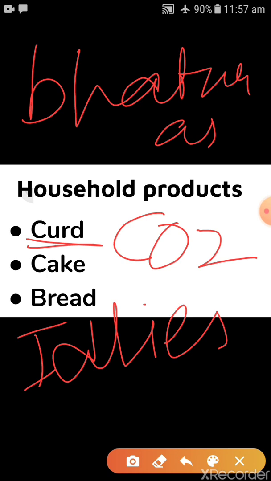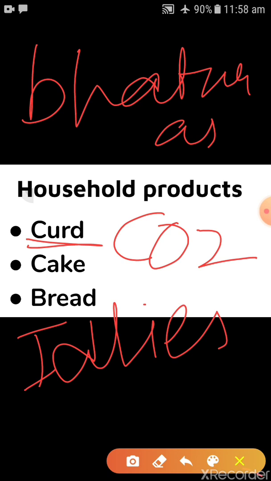Yeast is used in the baking industry for making breads, cakes, pastries, etc. So we can say that for making things like curd, cake, bread, pastries, we need microorganisms. Microorganisms can play a friendly role in the environment, not always harmful to it, children.